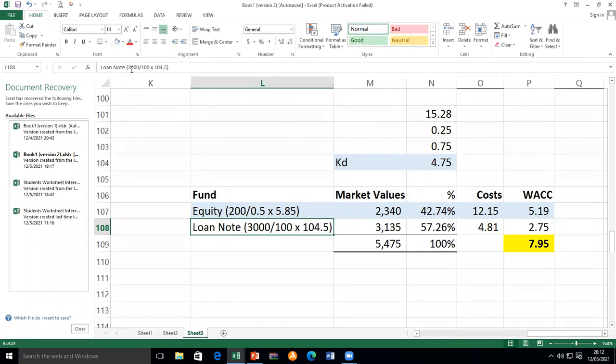Now you notice they want a double computation.